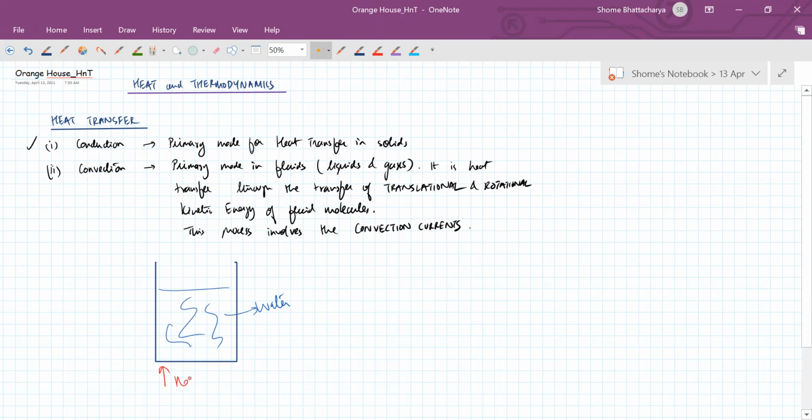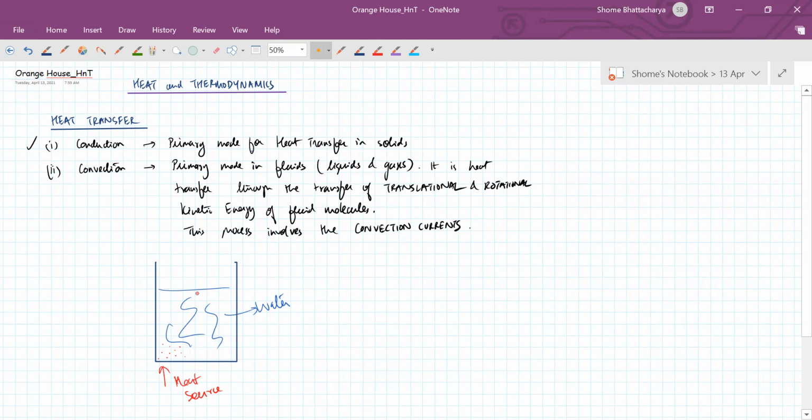So there is a heat source over here. So what happens is the heat is directly getting supplied to the liquid molecules through conduction happening through the container walls. Okay, so immediately at that position, the liquid molecules are gaining kinetic energy. Now, liquid molecules have which type of kinetic energy? They have translational and rotational kinetic energy. So they become more active.